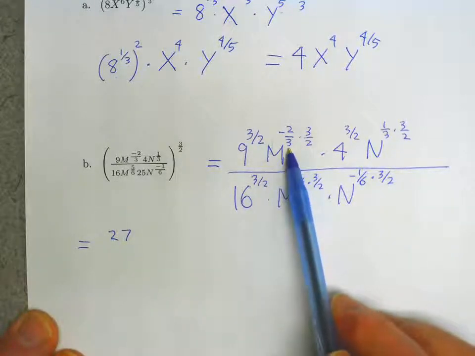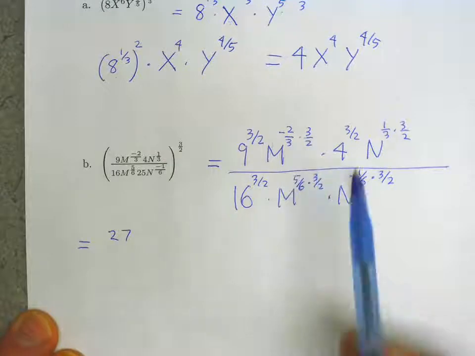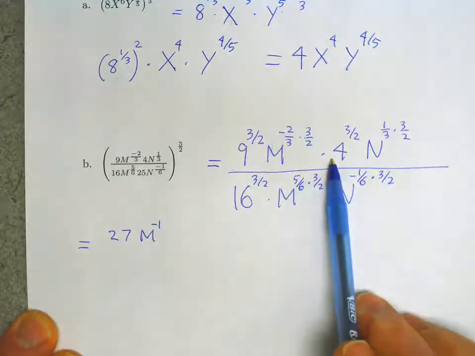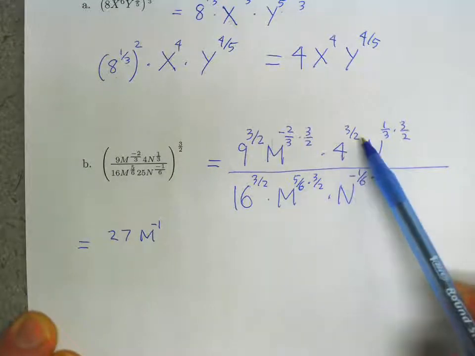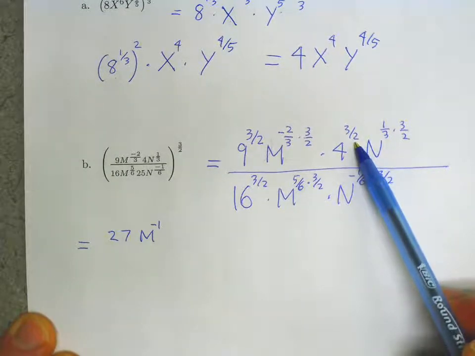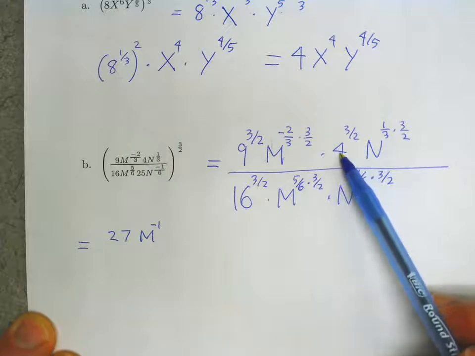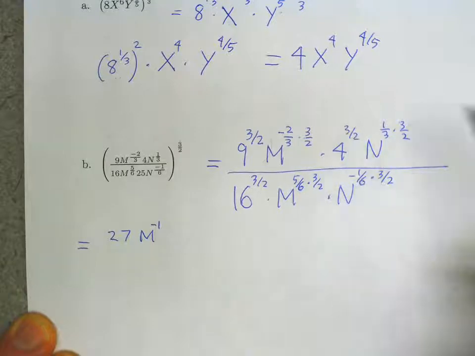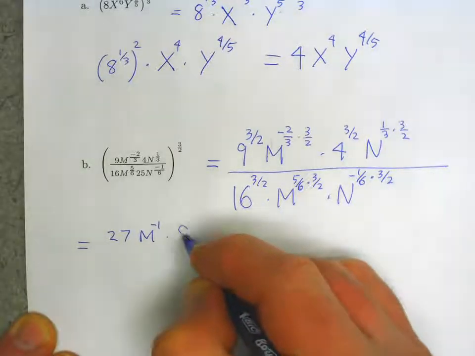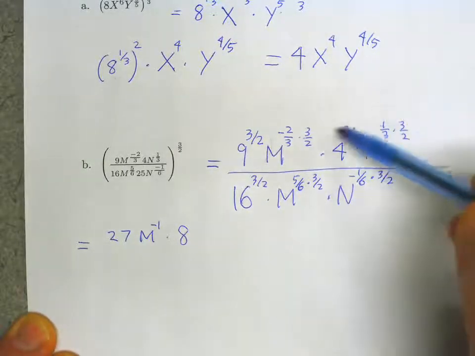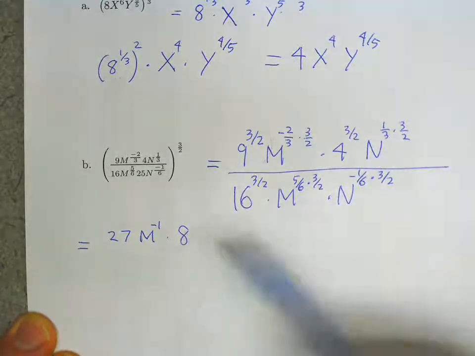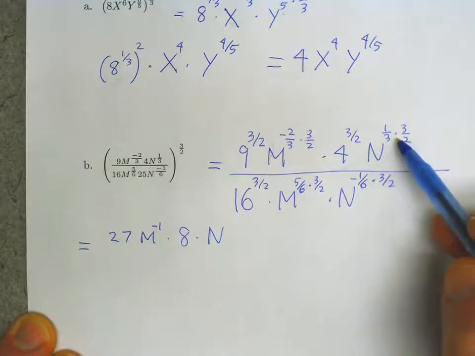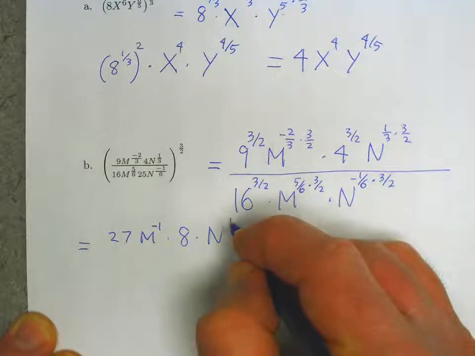M to the negative 2/3 times 3 halves is m to the negative 1. 4 to the 3 halves, well, the denominator of the exponent is 2, so that means find the square root of 4, which is 2, and then raise 2 to the 3rd power. So you can verify that 4 to the 3 halves simplifies to 8, and then n to the 1/3 times 3 halves is n to the 1/2.